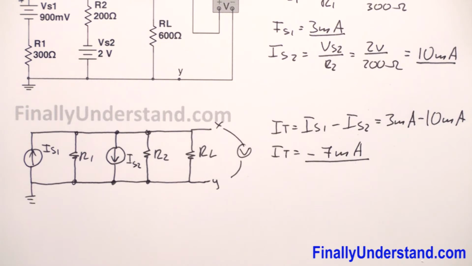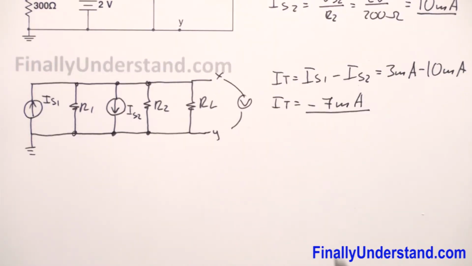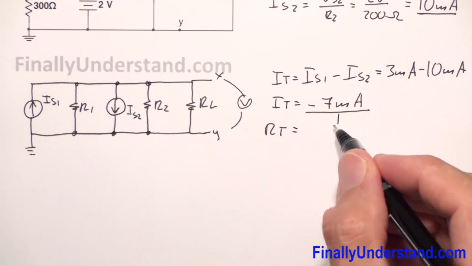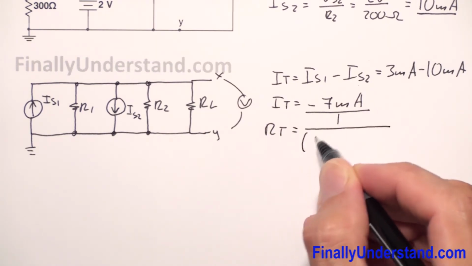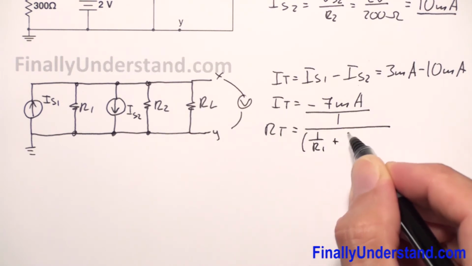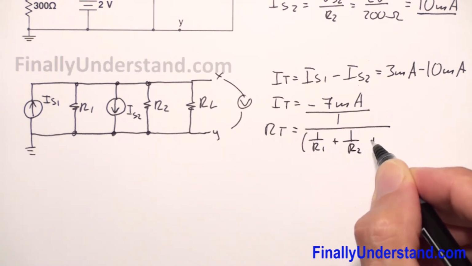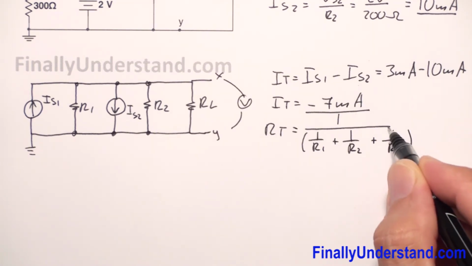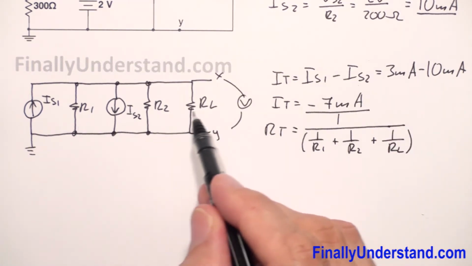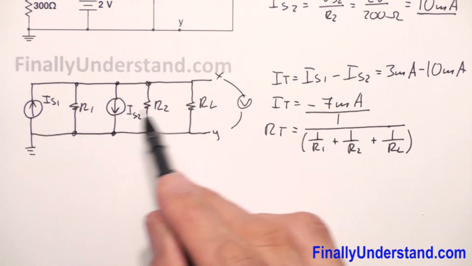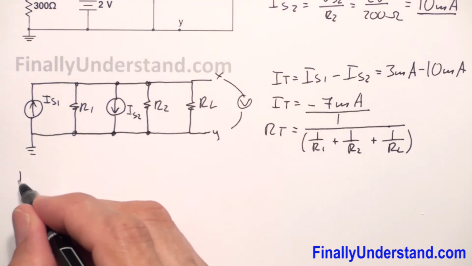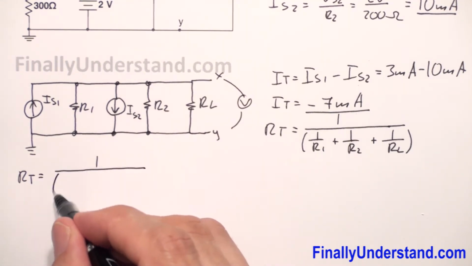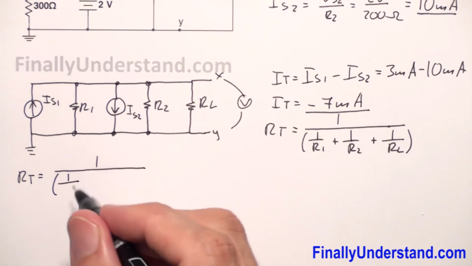Next I'm going to find the total resistance. R total is equal 1 over R1 plus 1 over R2 plus 1 over RL. Why? Because I have 3 resistors which are connected in parallel. So I'm going to write that R total is equal 1 divided by, open parenthesis, 1 over R1.